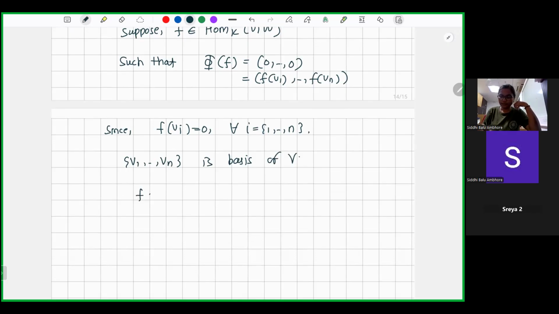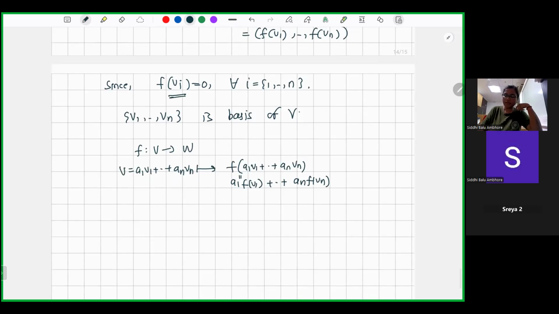So f from V to W, for any v = a1 v1 + ... + an vn, it will go to f of this, which equals a1 f of v1 + ... + an f of vn. But all these f of vi are 0, so this becomes 0. On each element of the basis, f is 0. So f becomes the 0 function.